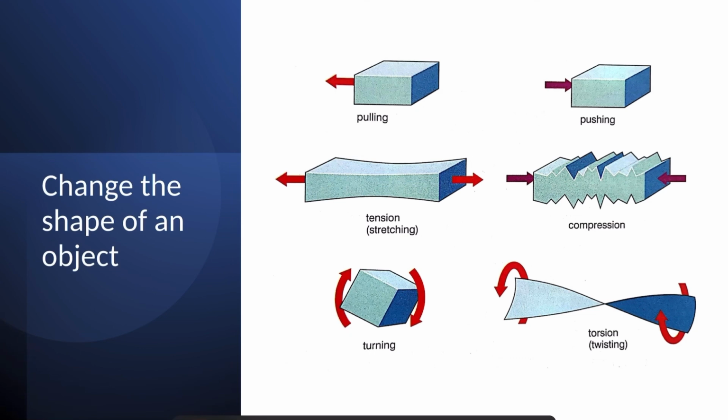Therefore they go into the plastic region, and then they cause deformation. This deformation can be, for example, compression, tension, and twisting. These are the possible deformations that might happen when forces act on an object.